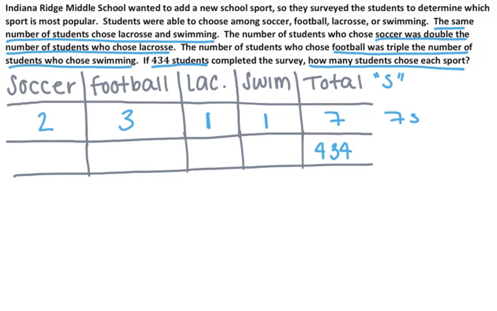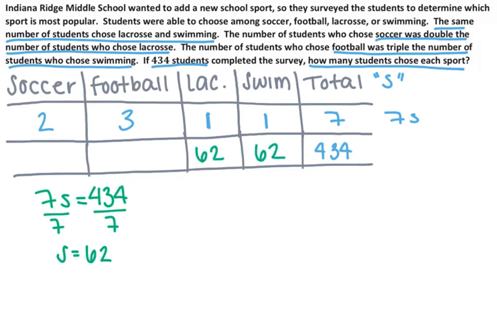So now that we have that, we can make an equation and we can solve it. So we'll have 7s is equal to 434. We want to get s by itself, so we have to divide both sides by 7. So s is going to be equal to 62. And because s represents 1, we can fill in 62 for lacrosse and swimming.